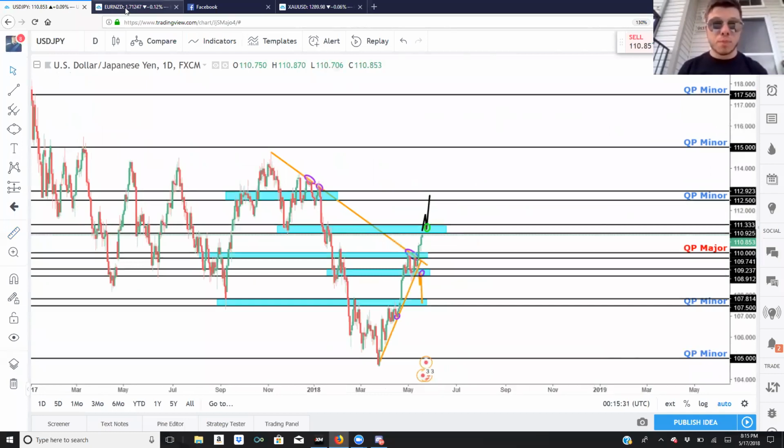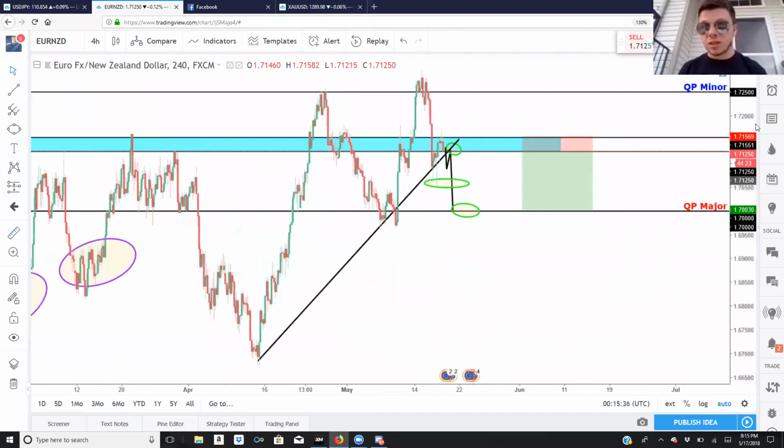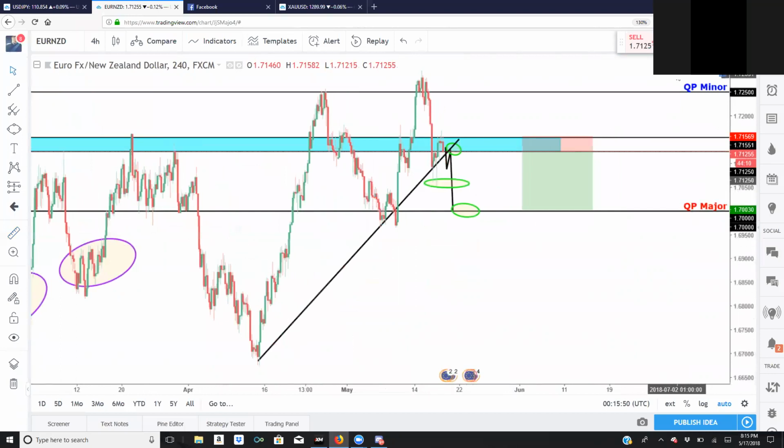For some pairs, it's going to be a little different. For this one, it's only at the $1.71 area. So I put $1.70 as my major and $1.80 as your major, and check, that's 1,000 pips.